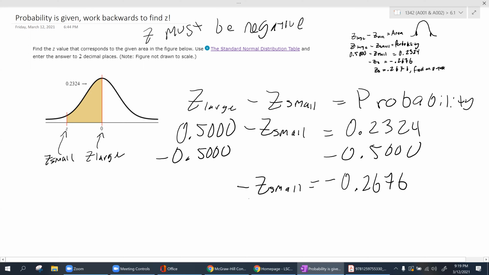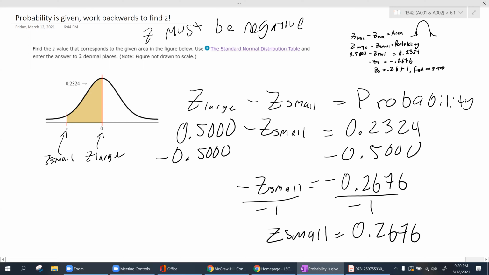Divide both sides by negative 1. So the z small probability value that I get is 0.2676. Remember, this is a probability value. This isn't the specific z value that I'm looking for.